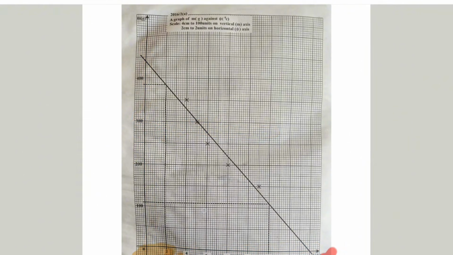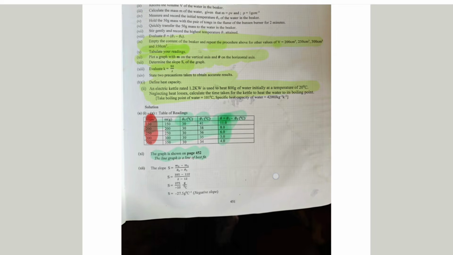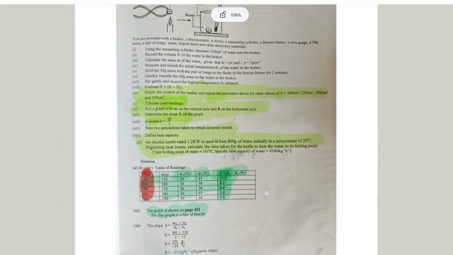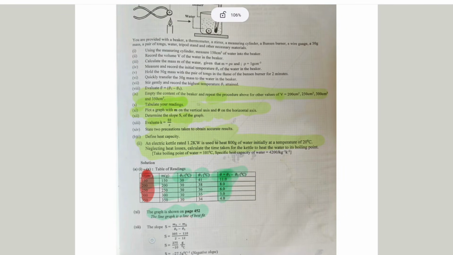Then after that, you should know that you're expected to answer some questions from the graph. And these are the expected questions. The slope. Your slope is going to be change in y over change in x. So whatever is on your y-axis against whatever is on the x-axis.